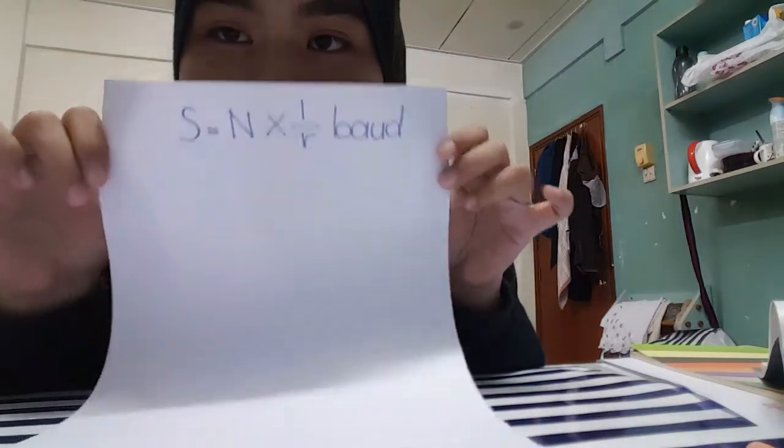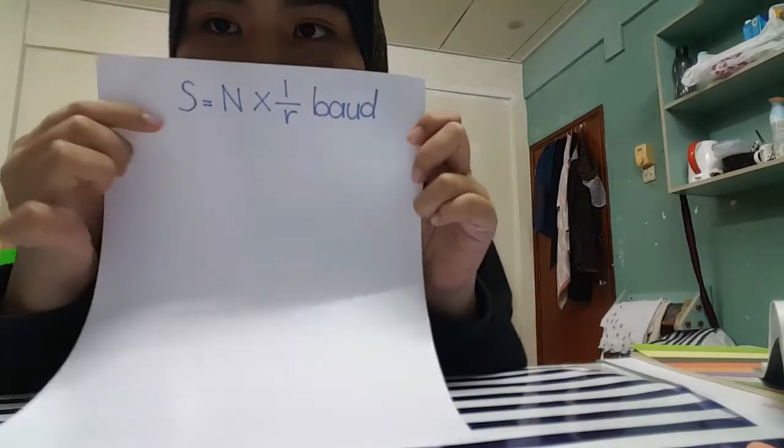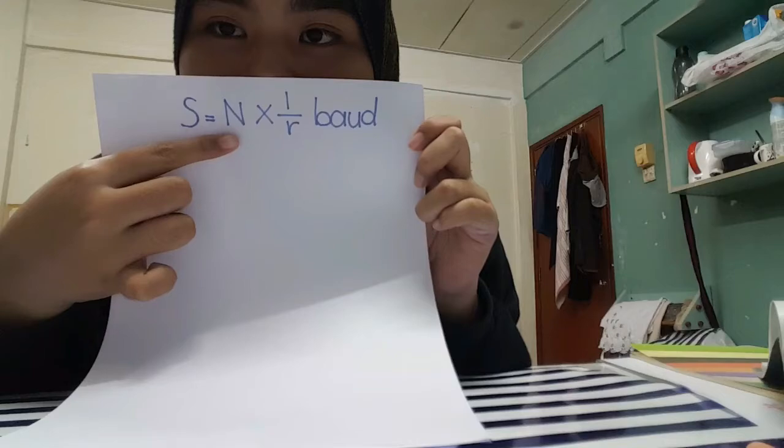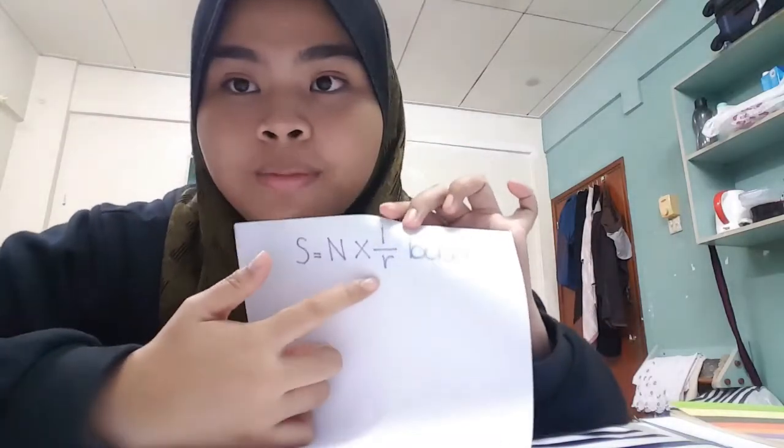So the second one is data rate versus signal rate. This is the relationship between data rate and signal rate. Basically, this is signal rate, and this one is data rate. In the previous relationship, we can see that there is r here.